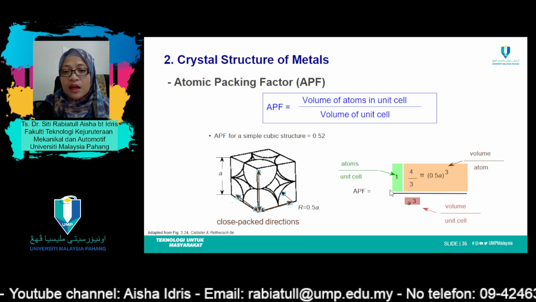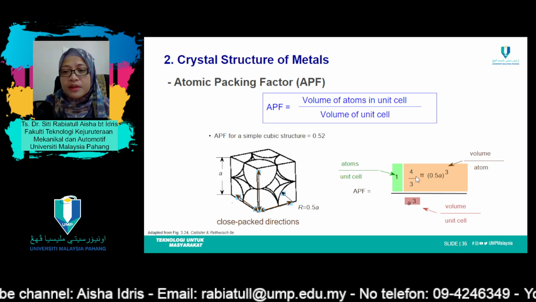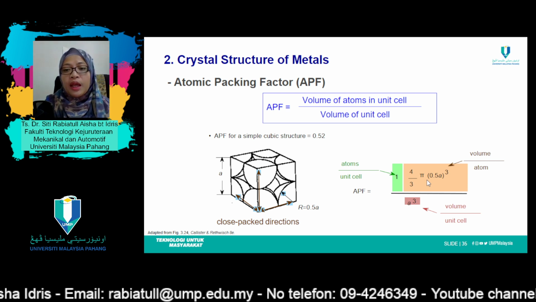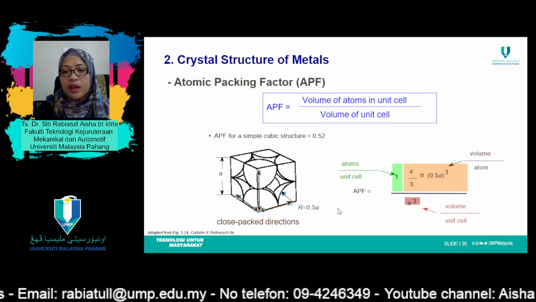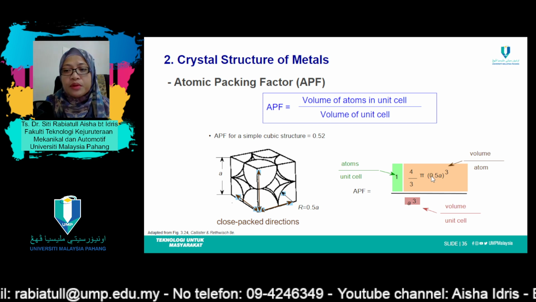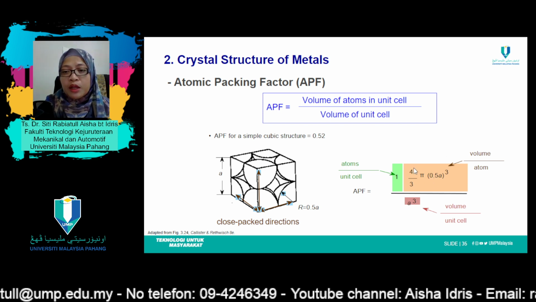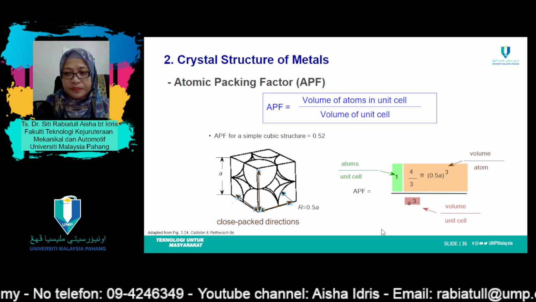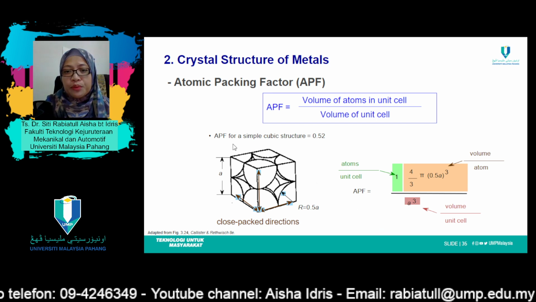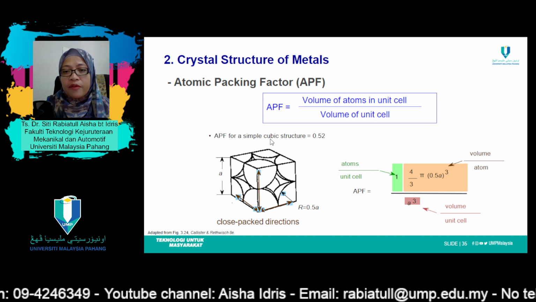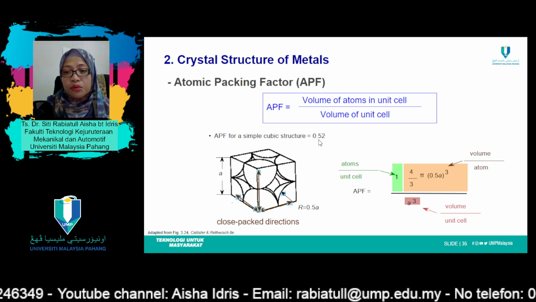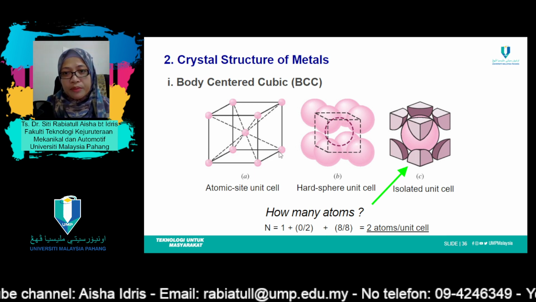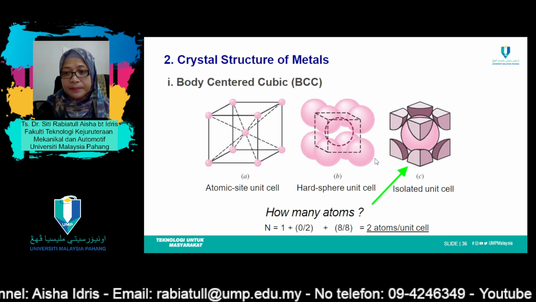So in this case, the volume of a sphere equals 4 over 3 pi r cubed, and r over here is 0.5a. So just substitute into the formula, and don't forget to multiply by the number of atoms in the cube. And finally, you should be able to get the value of APF for SC equal to 0.52. Now let's move on to number 2, which is BCC.